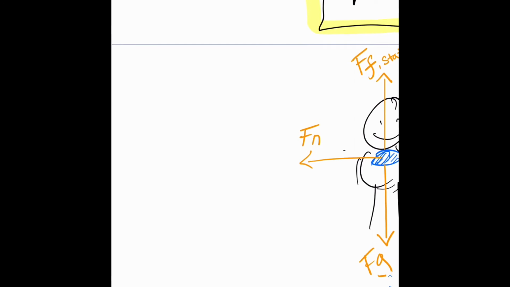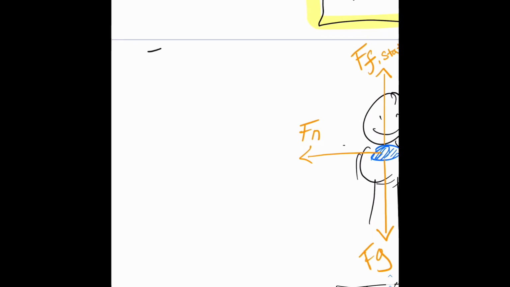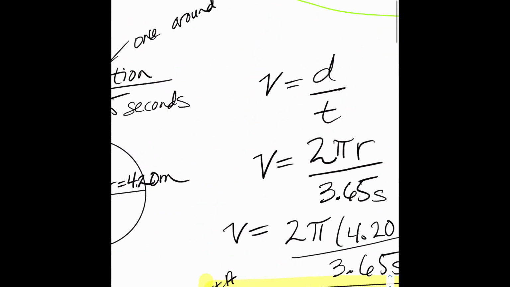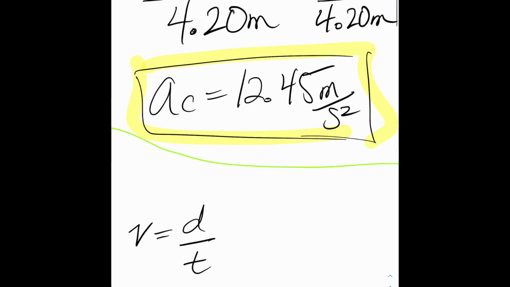So let's just do it like normal, right? Sum of the forces in the x direction equals m a_x. We have one force here, and that's F_N, because it points into the center, positive x. The mass of the person is 50. And the acceleration, we know from earlier, we found to be 12.45.